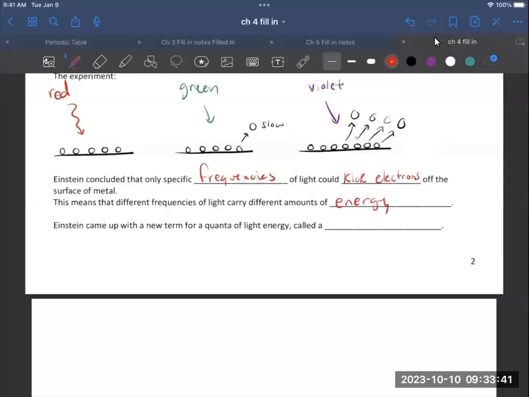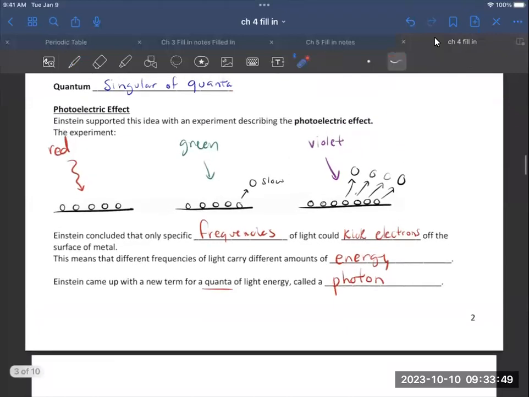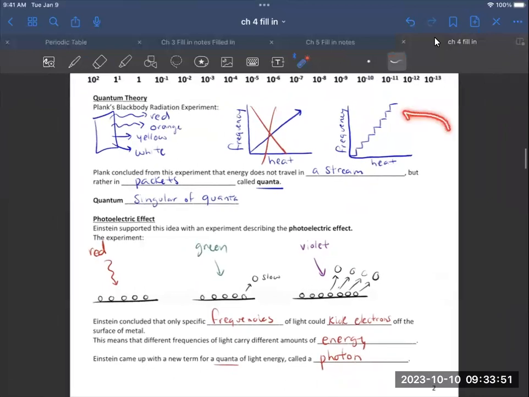And Einstein came up with a new term for the quanta of light energy called a photon. So that is the photoelectric effect. What these two experiments together helped us realize is that light travels in energy packets. It does not travel as a consistent long wave of energy, but instead, along that frequency of light, we get packets delivered along the way.